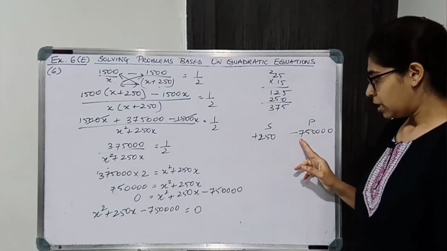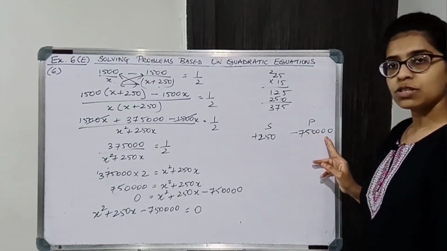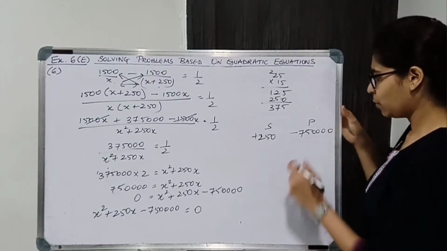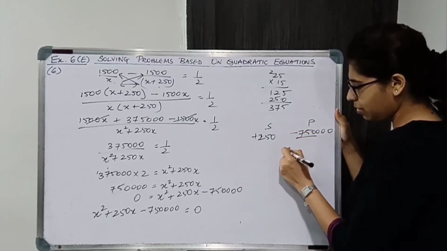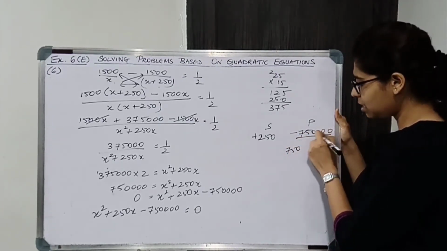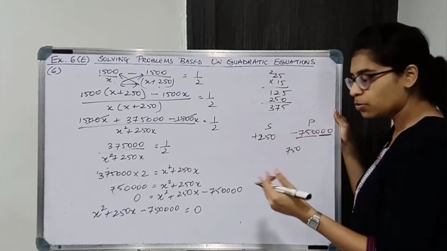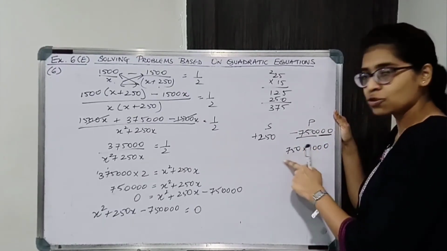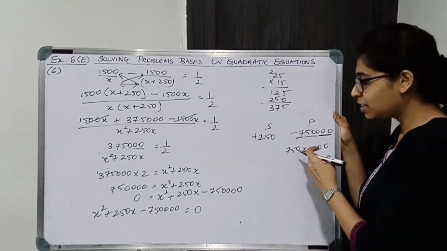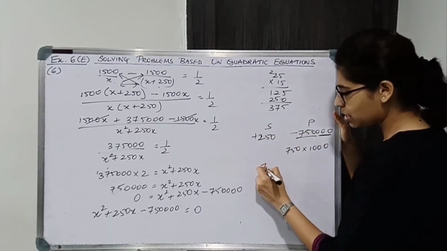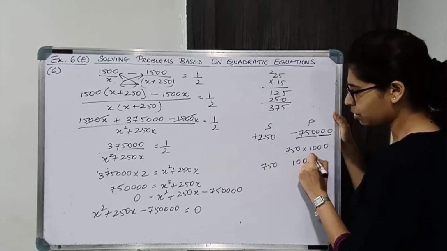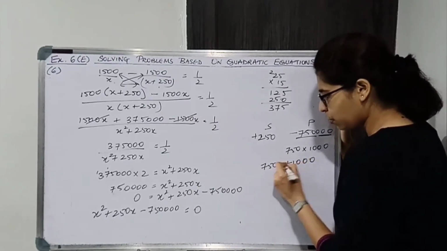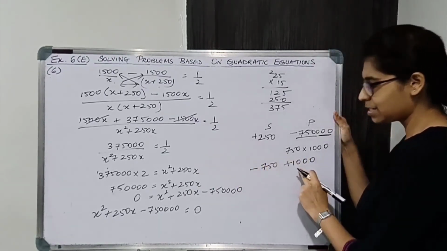So 75,000. Now let's take 750, and 3 zeros is nothing but I can say into 1000. Now check the difference of these two numbers. It gives you 250. So 750 and 1000 are the factors. This will be positive, this will be negative. The sign of the sum is the sign of the greater number.